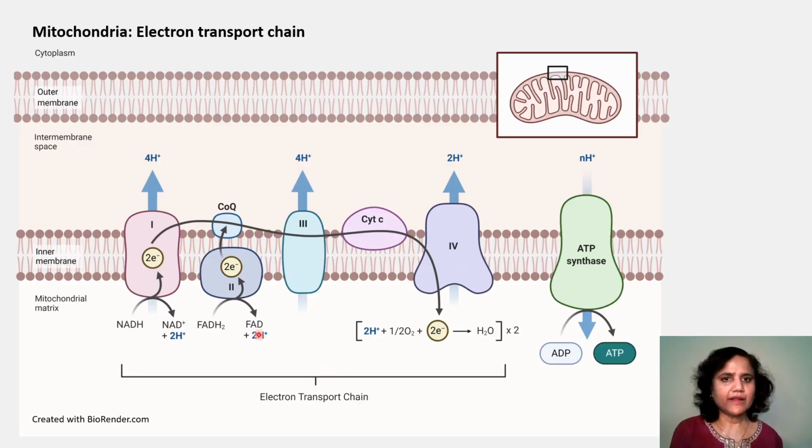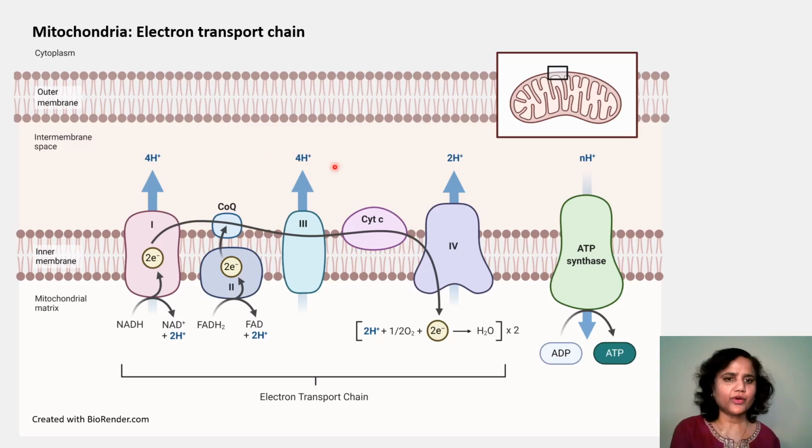The transfer of electrons through these complexes is associated with a decrease in free energy, which is in fact used to pump protons or hydrogen ions from the matrix into the intermembrane space. And this results in a proton gradient across the inner membrane.